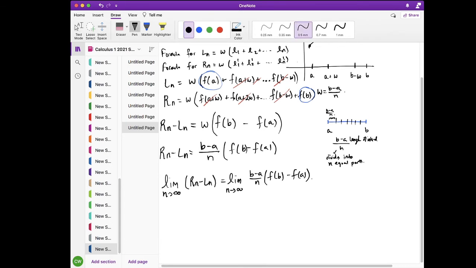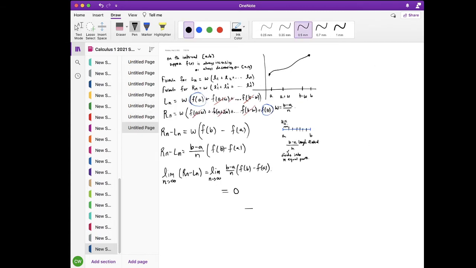So this is going to go to 0, right? You see that? You have a number divided by n, and n goes to infinity, right? These are fixed. B, A, f of A are all fixed. So it's really like this.